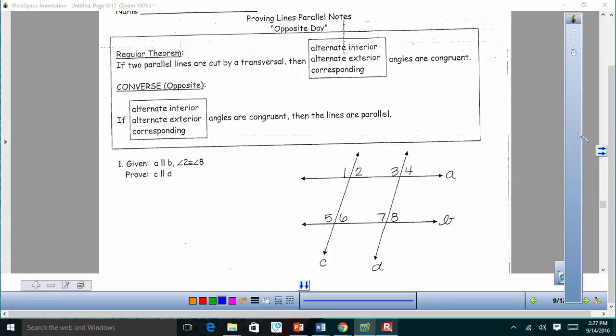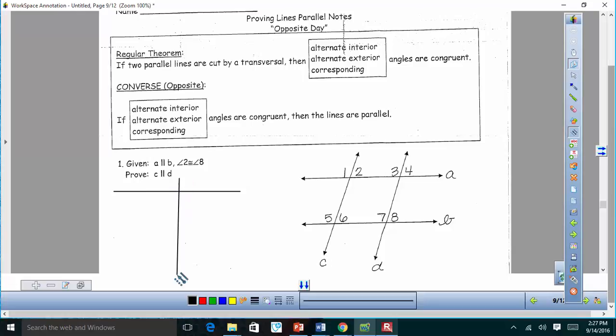In the very first one, we're going to draw our T-chart, and we're going to label it statement and reason. How many steps have our proofs been having?